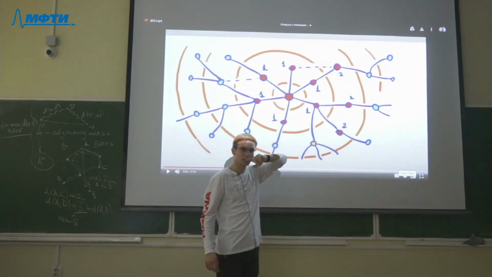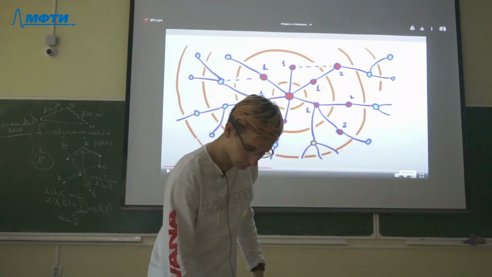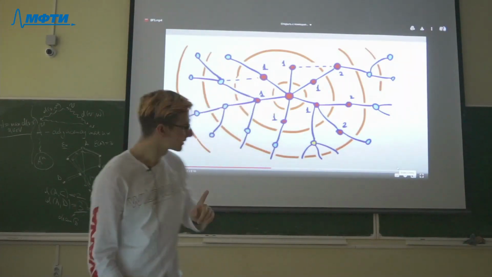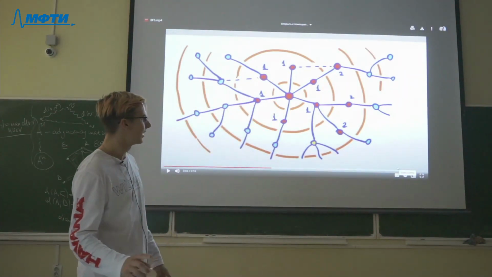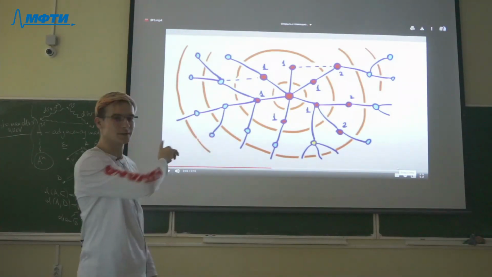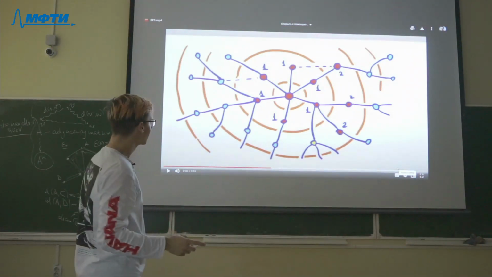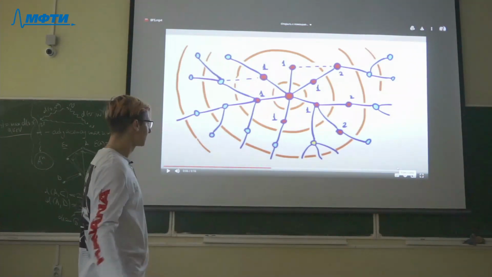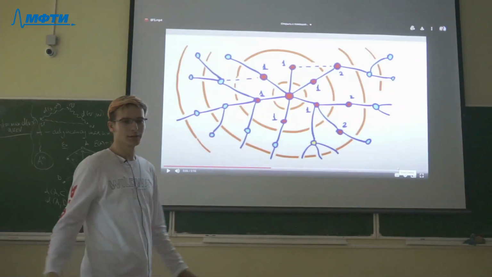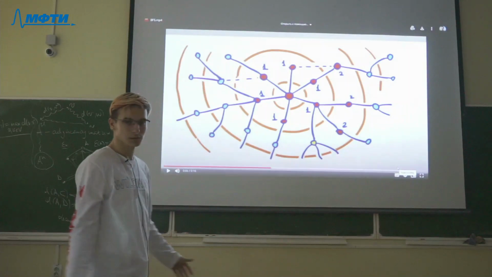We are assuming that the graphs are connected, right? Nice remark. Of course, now we see a picture of a connected graph, but in the common case we cannot know a priori that the graph is connected.